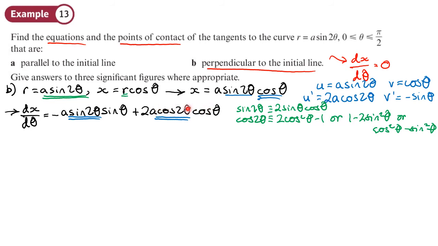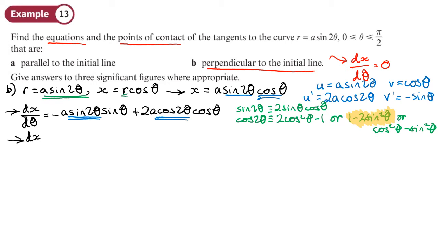Now how am I going to get sine squared in here? By replacing the cos 2 theta with this second identity here. So this is the one I'm going to choose to substitute, because I want that sine squared cos in both terms. So let's now do the substitution.